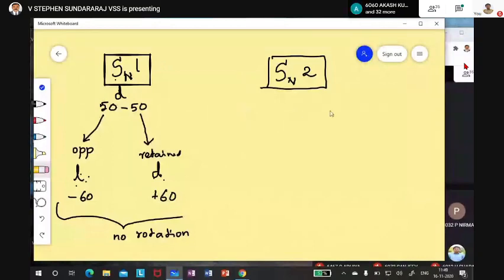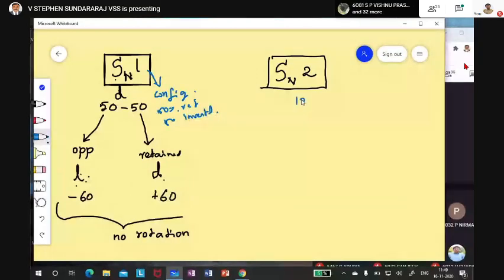In SN1, write down the configuration point: 50% retained, 50% inverted. But here, it is 100% inverted. So write down that point.